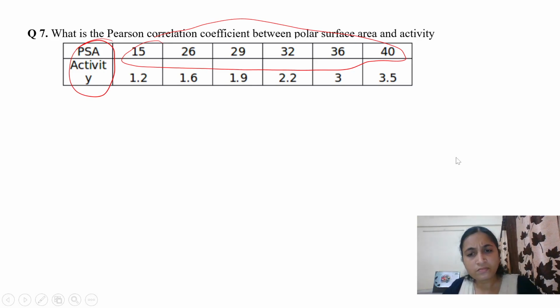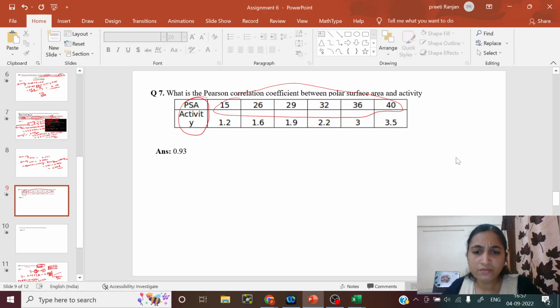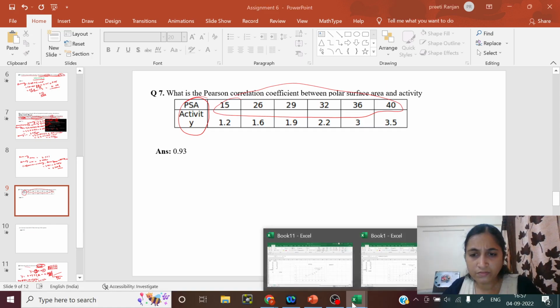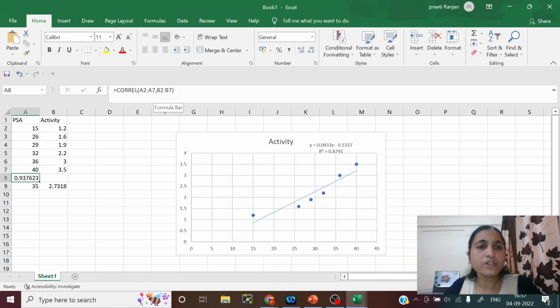Which slide do you want to see? I'm not showing this, this is one link. Correlation, this PSA term and then the activity term.